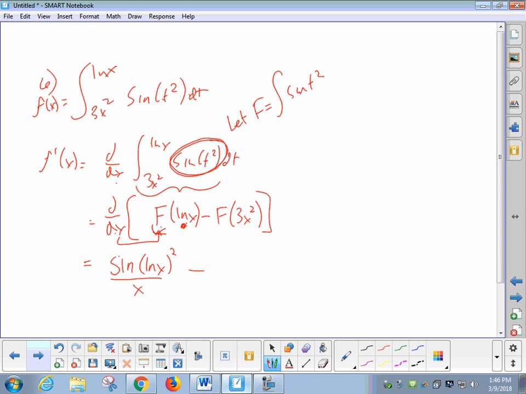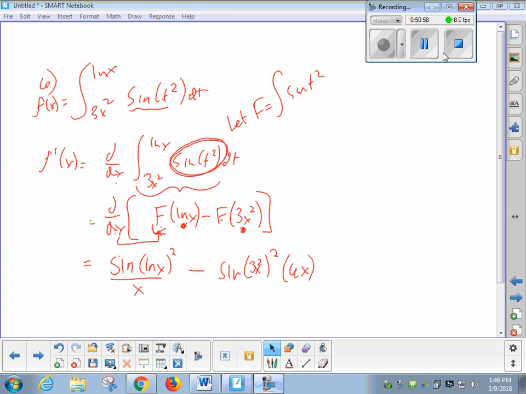Then when I went to this guy, I take the derivative of the antiderivative, which is just the function sine of blank squared. But instead of t, I'm putting, but then again, by chain rule, I would then take the derivative of the inside.